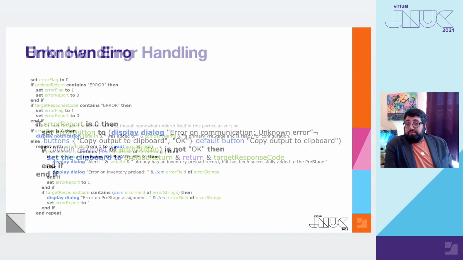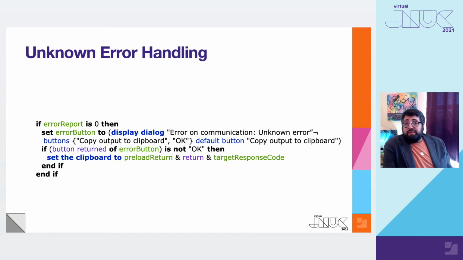At the end of the day, though, -47s happen, and it's usually useful for folks like me to see what the heck the entirety of that is. So I wanted to look at what happens when we haven't seen an error before, and copy the entirety of that payload coming back from the API to the clipboard, so they can email me that easily, or even text if I'm really on the go.